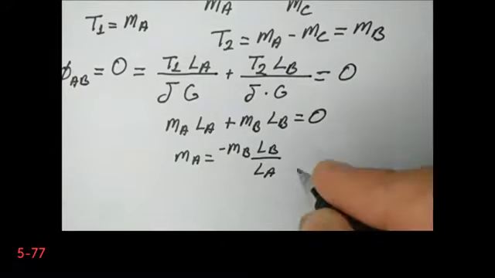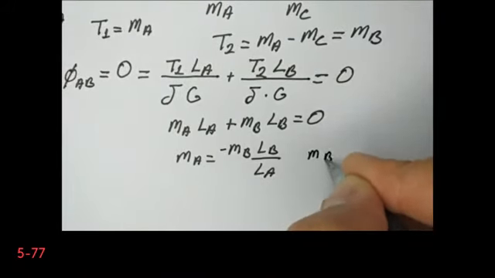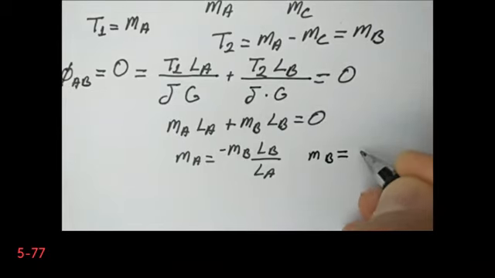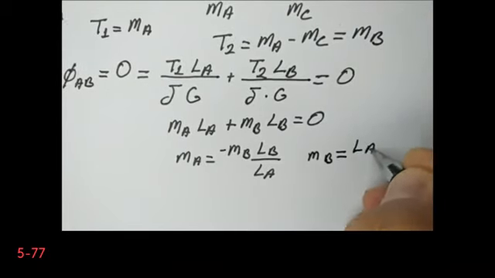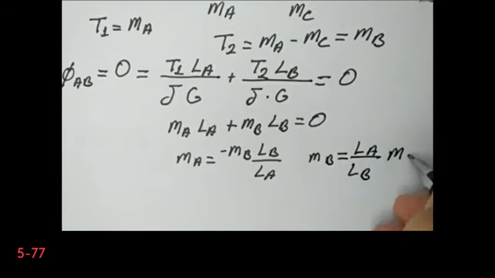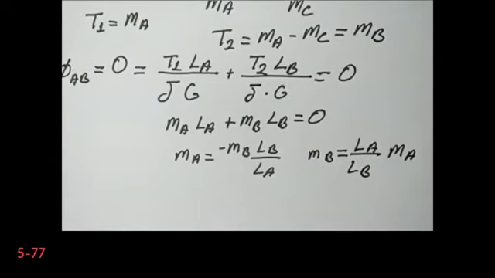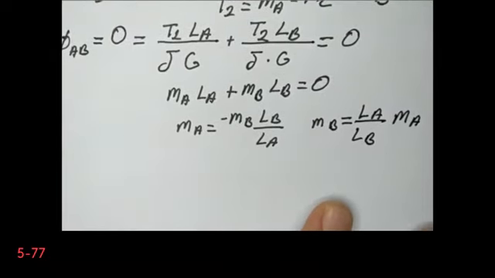Or I can write MB as well. So MB is equal to minus LA divided by LB multiplied by MA. So these are my two equations.